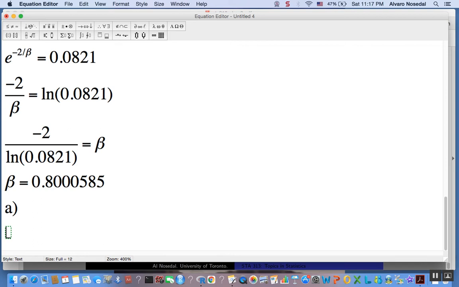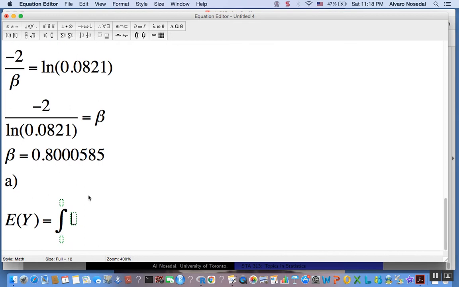Another way is, remember the definition of expected value for a continuous random variable is the integral from negative infinity to infinity of y f of y dy.